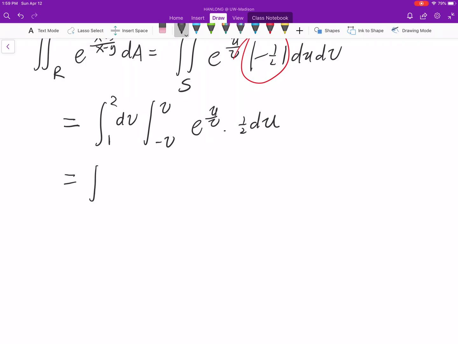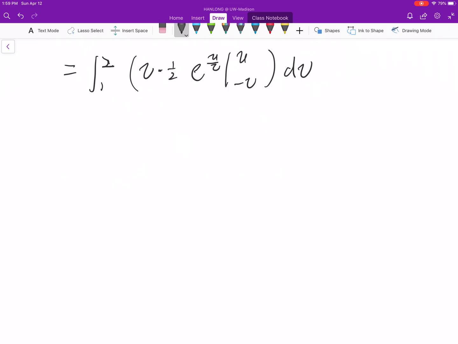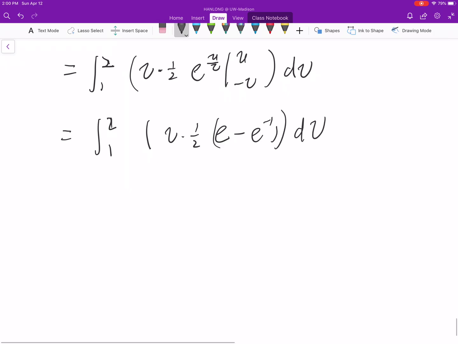So you have the integral from 1 to 2 of v times 1/2 times exponential of u over v, evaluated from u minus v, dv, and then from 2 to 1, v times 1/2 times exponential minus exponential negative 1, dv.